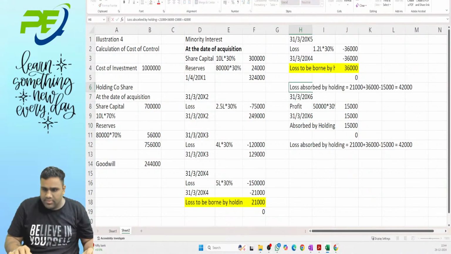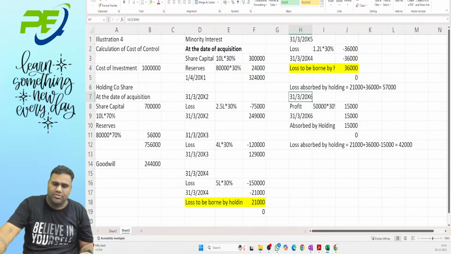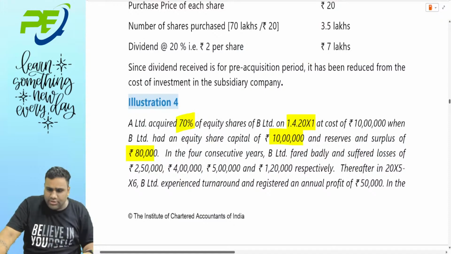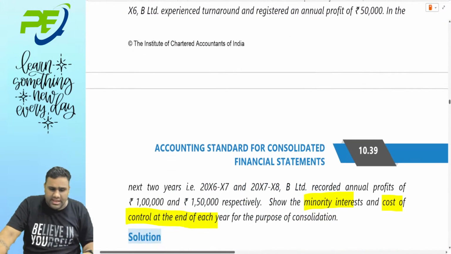So 21 plus 36, how much? 57,000. Everyone, are you able to follow? Yes. Now 31st March 20x6 is over. Then 20x7, there is 1 lakh profit.